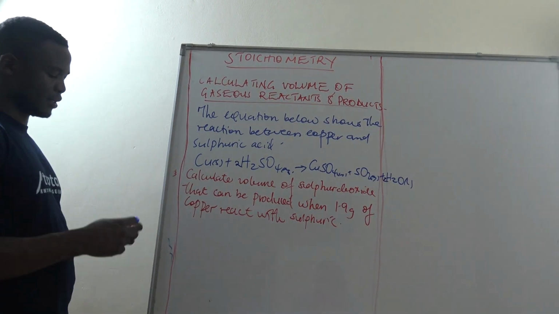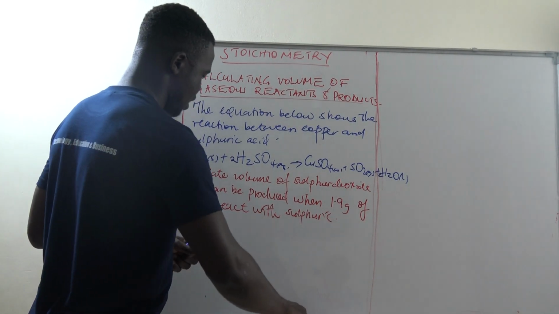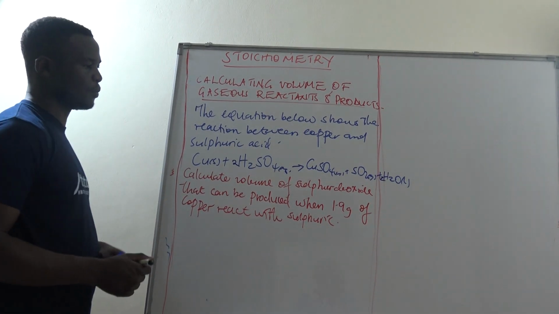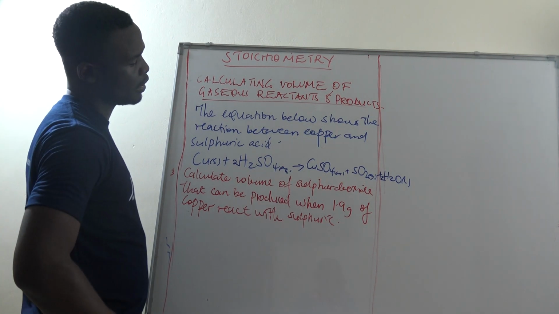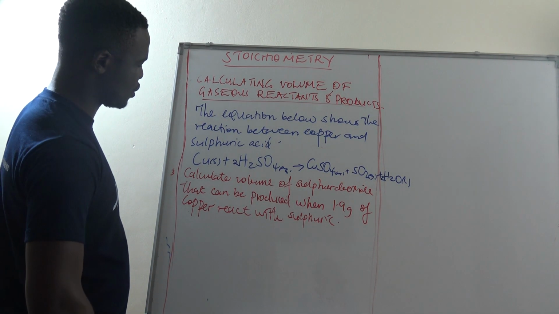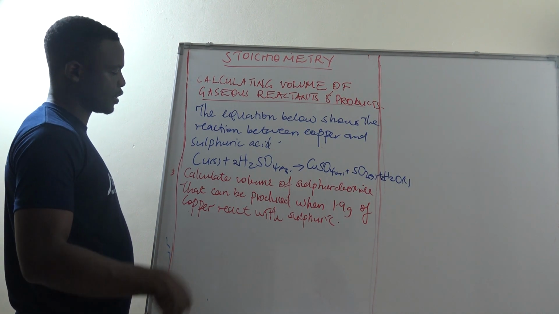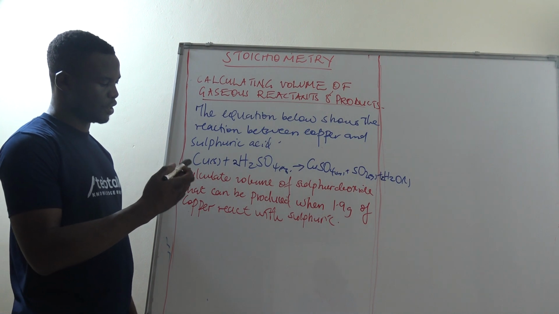So that is our question. They want us to calculate the amount, or the volume, of sulfur dioxide that can be produced if we reacted the 1.9 grams. Back to equation interpretation.